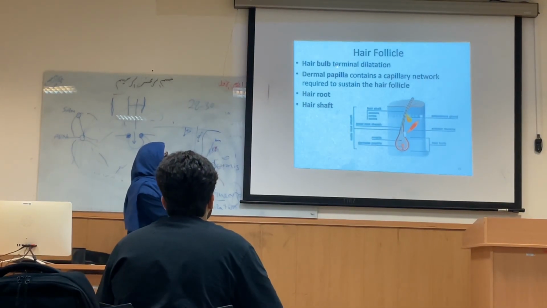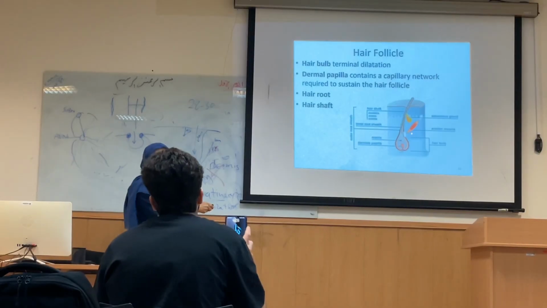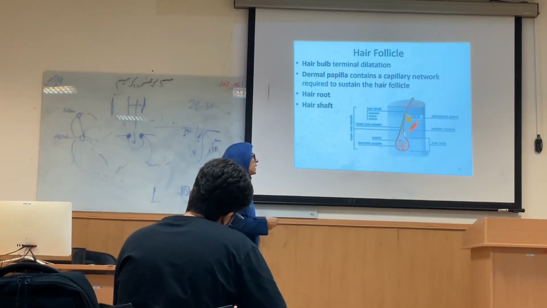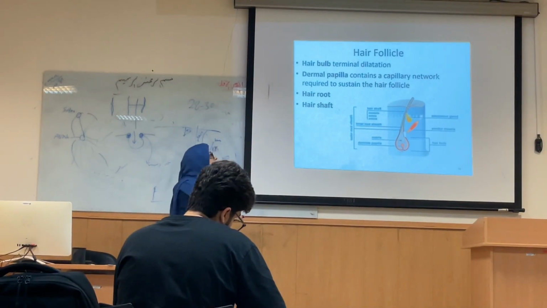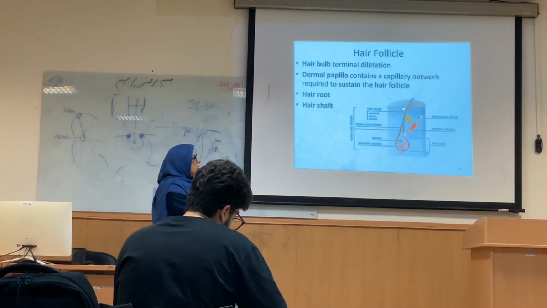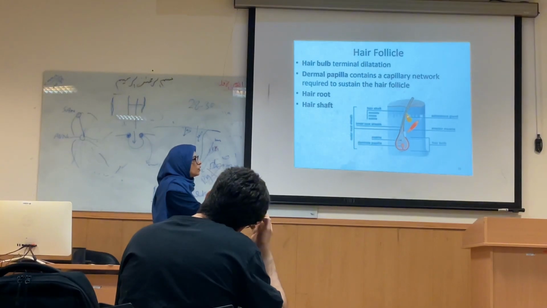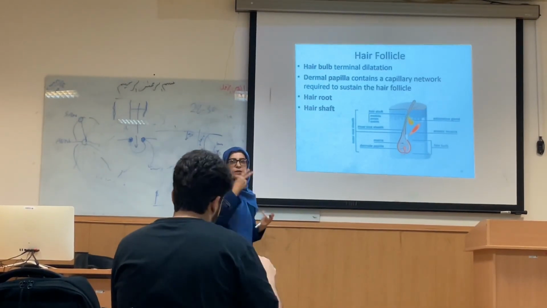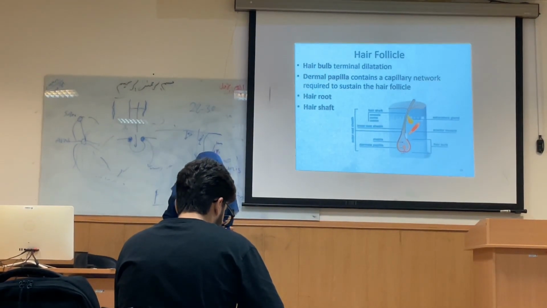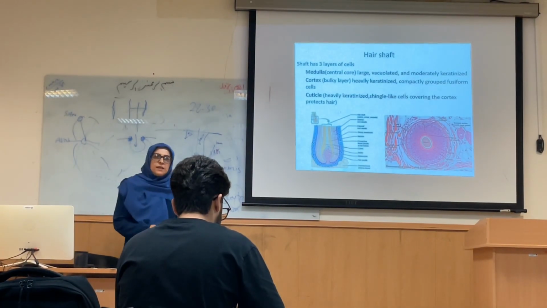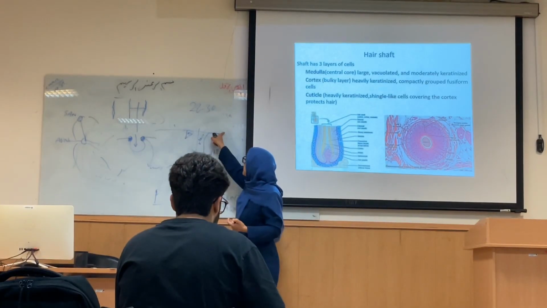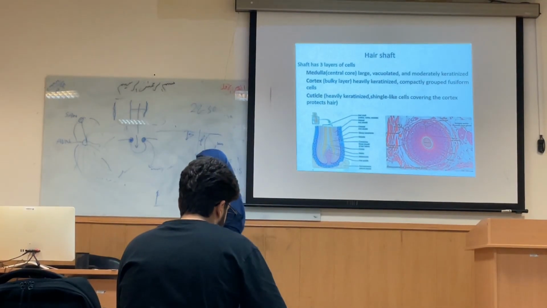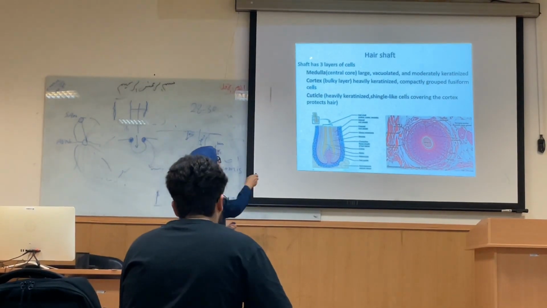The hair has a bulb, which is the terminal dilation of the hair, including the basal layer and also the hair part that includes connective tissue plus vessels, the papilla. And the hair shaft: some of the shaft is located inside the skin, in the dermal and epidermal layers, and some part of it is exposed so we can see it. The hair shaft is a keratinized structure that includes the cornified layer and also the lucidum layer, and has different parts.